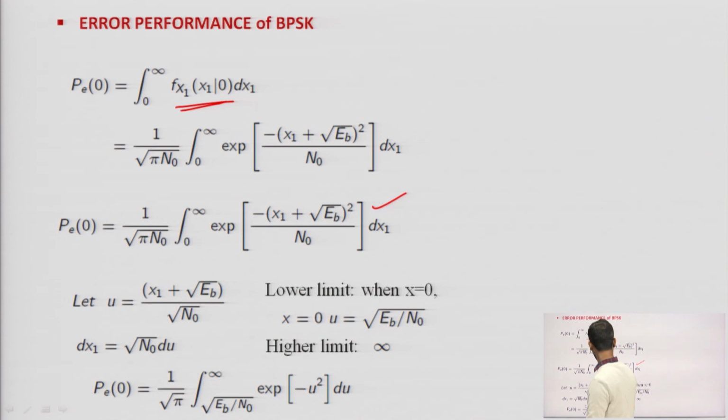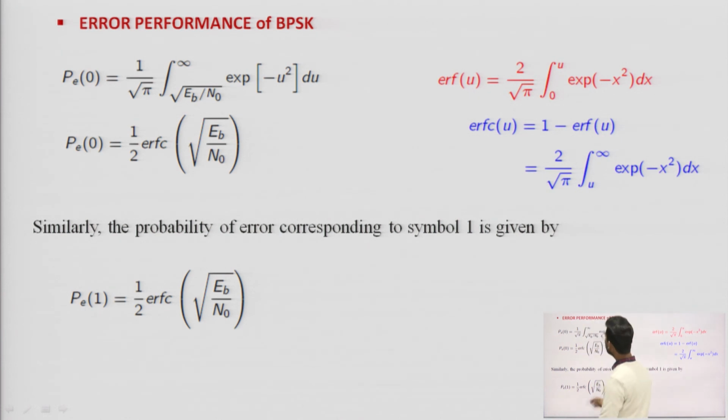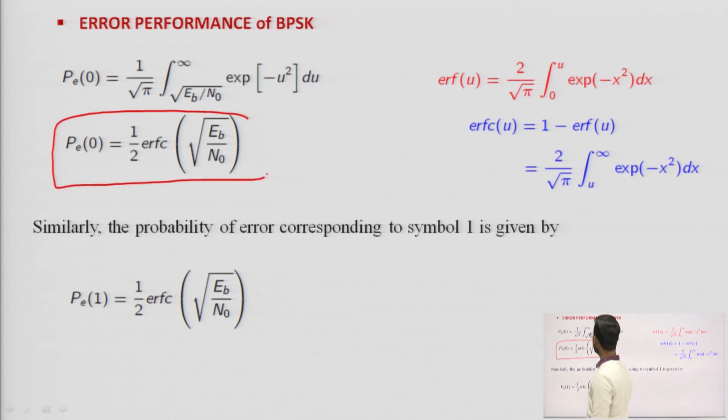So we get P0 equal to 1 by root pi, integral from root Eb by N0 to infinity of exponential of minus u square du. We have already calculated this type of integration in earlier lectures. So P0 equals half erfc of root Eb by N0.